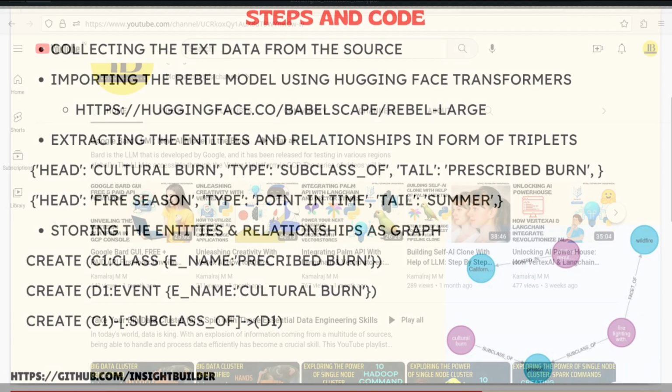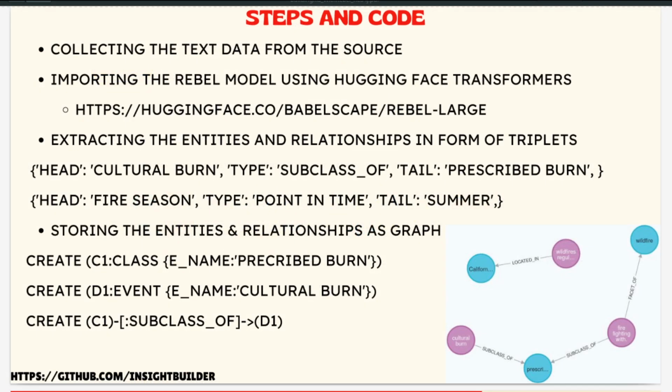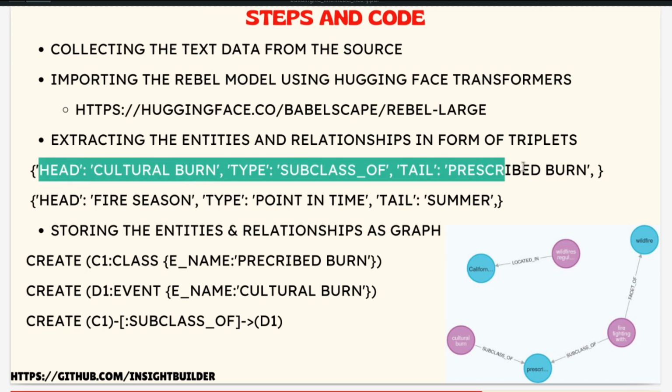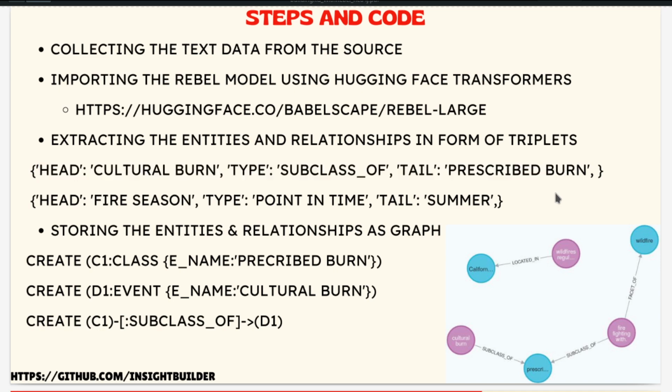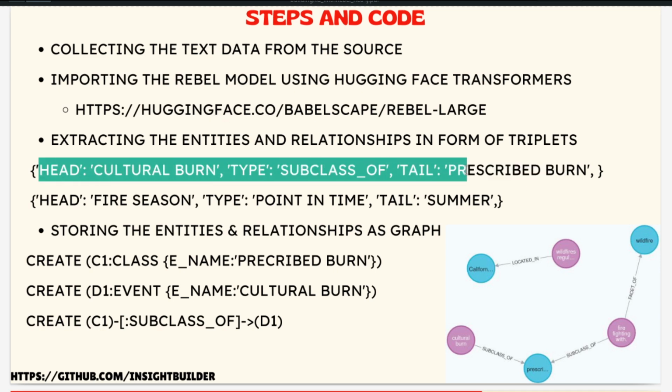Let me continue back to the PDF. As I was explaining, we'll be importing Rebel. I'll be showing you the code, how to import and how to work with it, and I will also be explaining what the code is doing in a couple of minutes. The triplets that I was talking about will look like this. Once the text is sent into the Rebel model, the output will be in the form of these triplets.